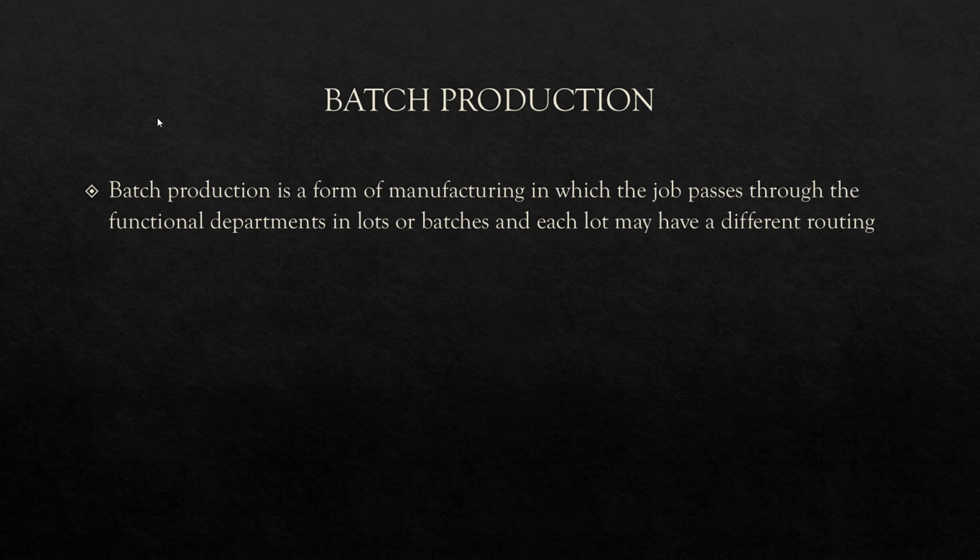Third point includes plant and machinery setup used for the production of item in a batch, and change of setup is required for processing the next batch. And the final point is manufacturing lead time and cost are lower as compared to job shop production. Examples, baking industry, brewing industry and so on.